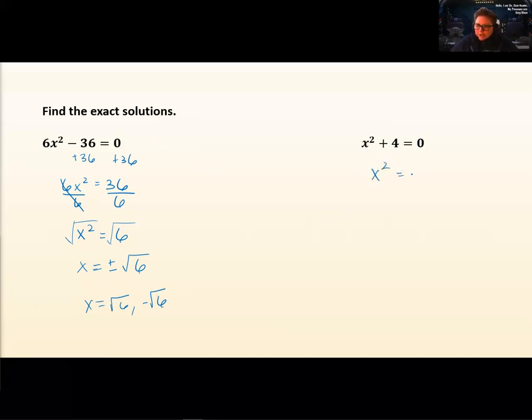Think of it as extraction of roots. So we're doing it the same way. We're getting the x squared on one side, and then what's our next step here? Same thing, right? Yes, divide it. Oh no, square root, right? There's nothing to divide. We already have x squared by itself, so we're already at this step right here.